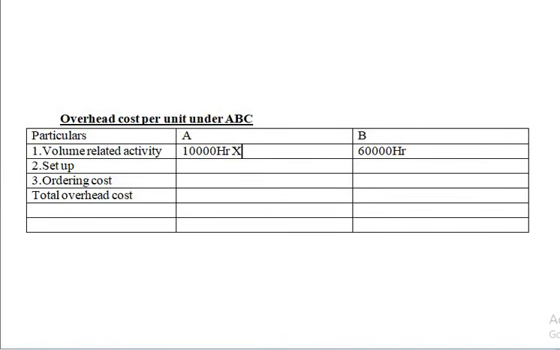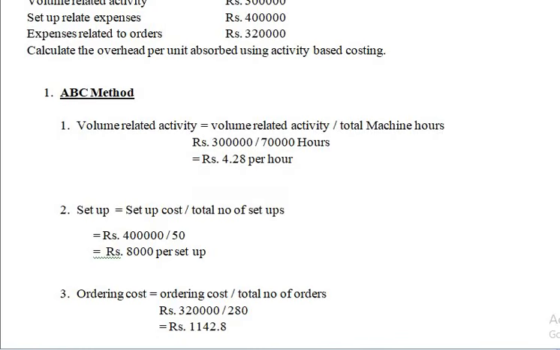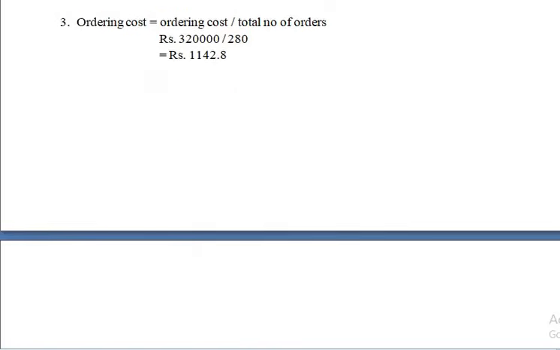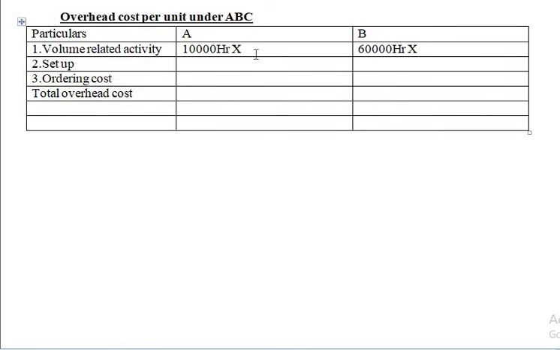So multiplied by, in activity driver rates, we have calculated the per hour will be rupees 4 rupee 28 paisa.